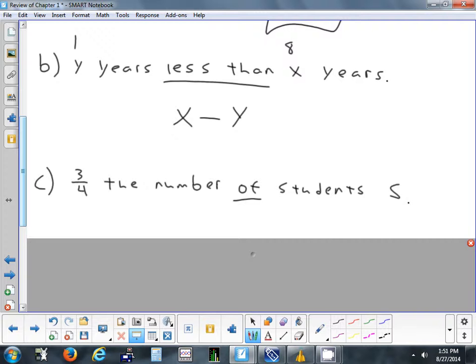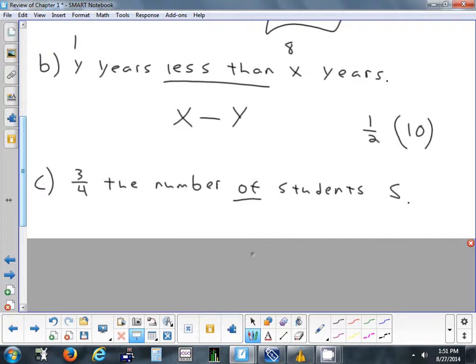What is half of 10? 5. So what would you do with 10 and 1/2 to get 5 as an answer? If you divide them, you don't get 5. You multiply. Exactly. This is multiplication.